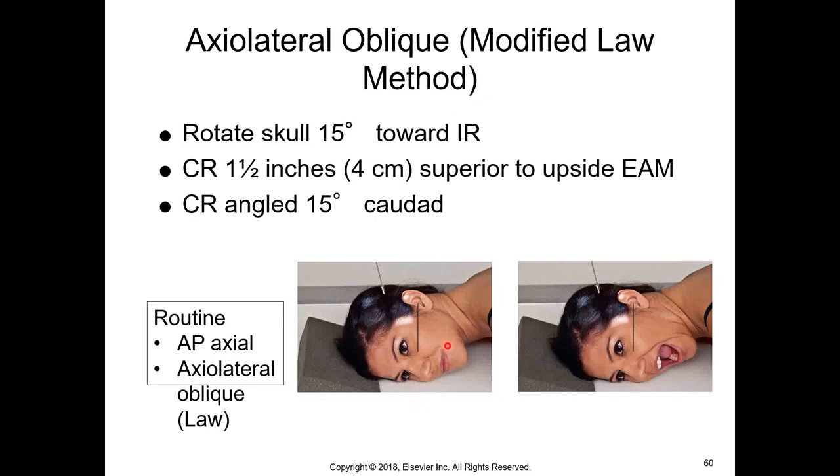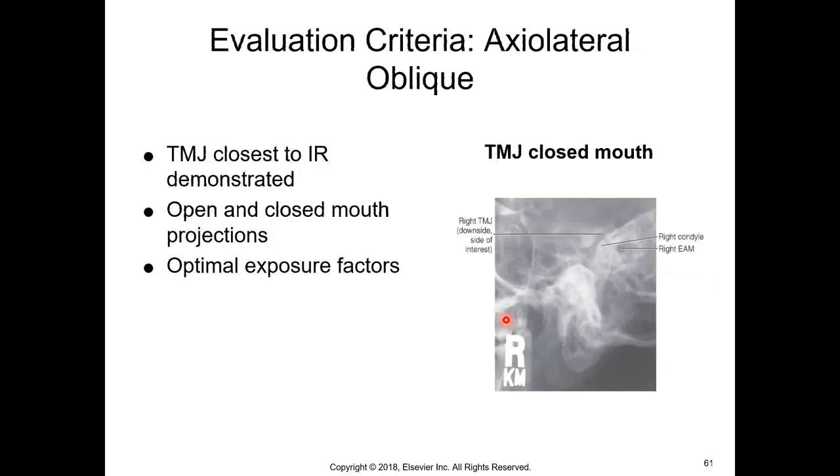The central ray is going to enter 1.5 inches above the EAM, and then your central ray angle is going to come down 15 degrees. So 15 degrees rotation of the body part and 15 degrees of the central ray. And this person has closed mouth and open mouth. This is uncomfortable for people, so try not to have them wait too long to do the open mouth.